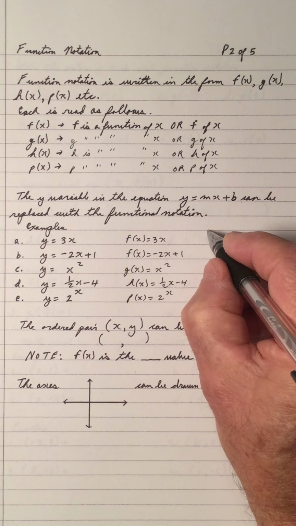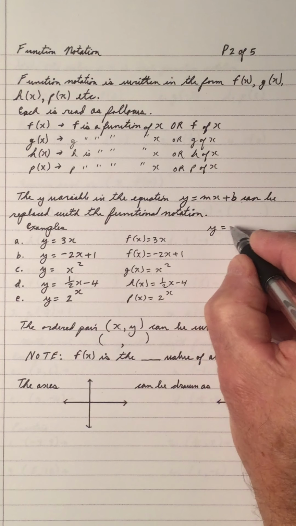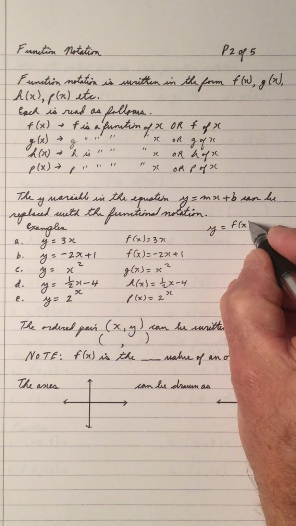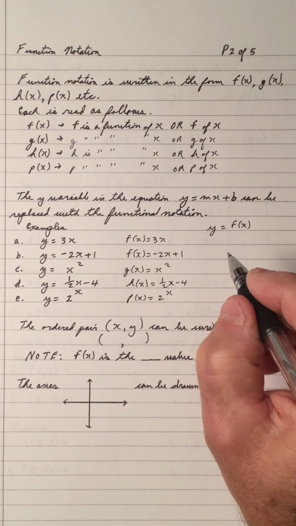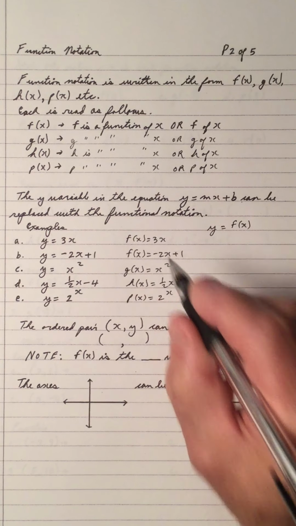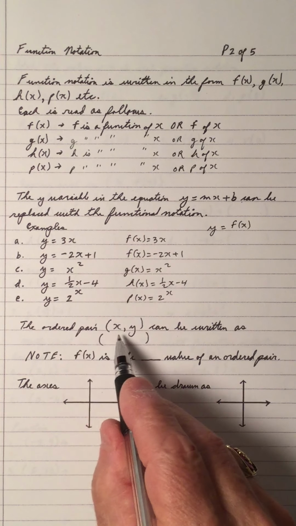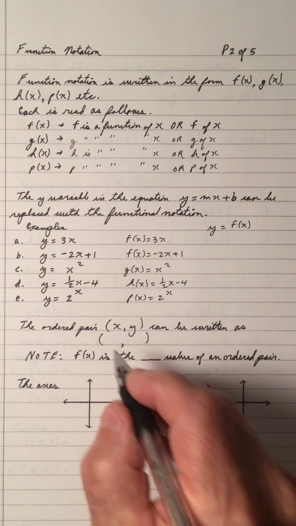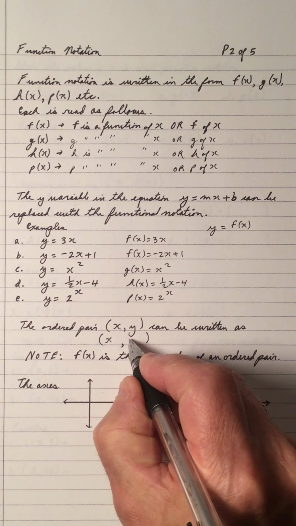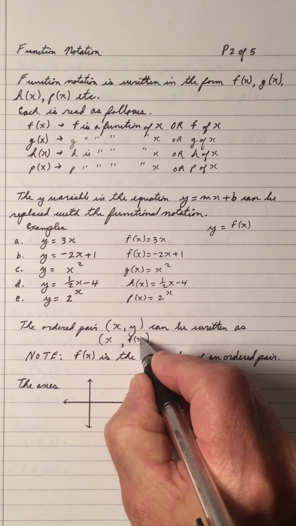So notice y is equal to f of x. Saying f of x equals is the same as saying y equals. Note that an ordered pair (x, y) can be written as (x, f of x).